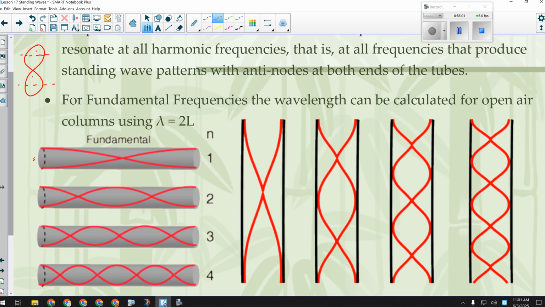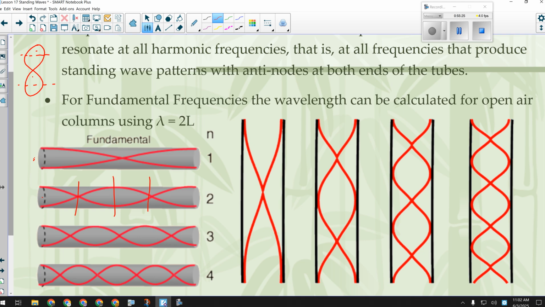There's an antinode at each end. Antinodes are half a wavelength apart. And if there are two of them in there, then there's half a wavelength in the tube. How many wavelengths in this one? That's a quarter, a quarter, a quarter, a quarter.